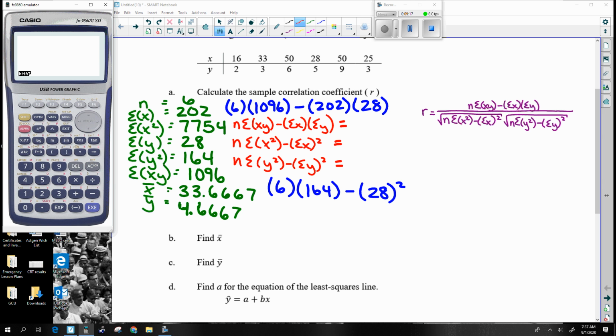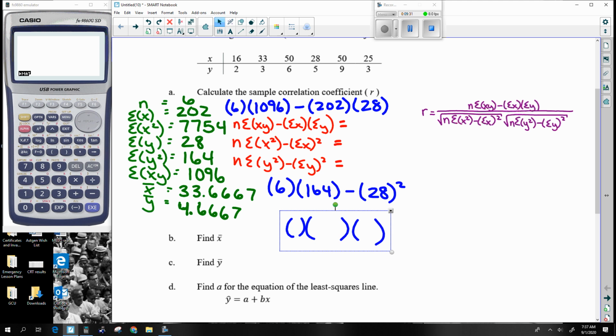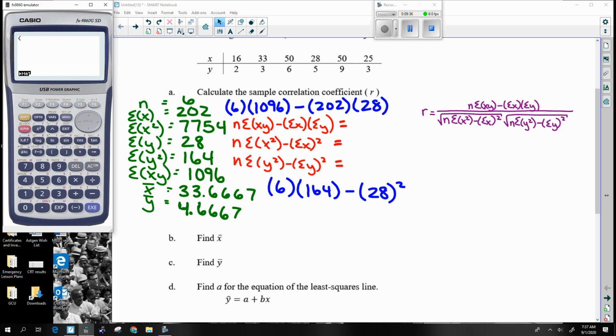As I was writing here in the blue, I very highly encourage you to write all of these individual pieces in their own unique parentheses. So for instance, this top would be n, the xy, minus the x, the y, all in their own unique parentheses.